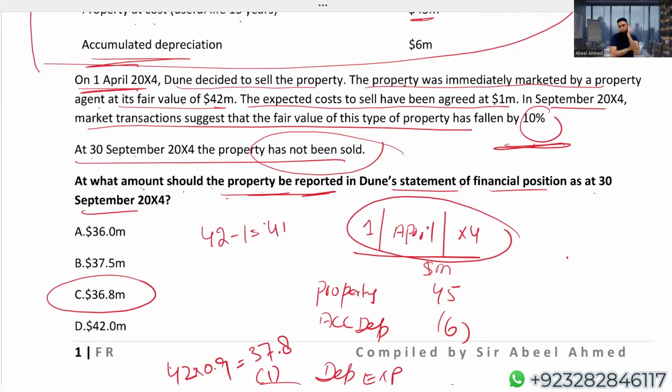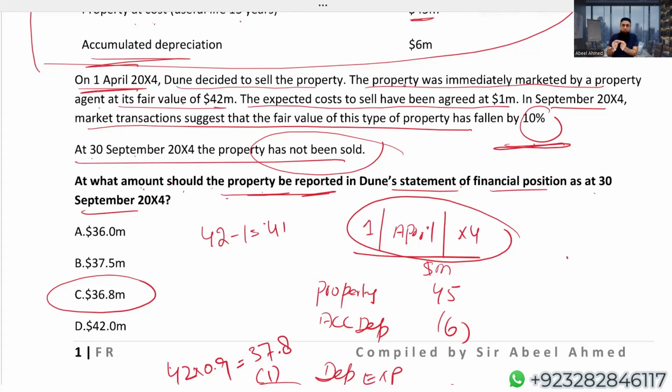If you read this question, from the day we applied IFRS 5 till the year end, only 6 months have passed, not more than 12 months. IFRS 5 we applied on 1st April X4, which is mid of the year.